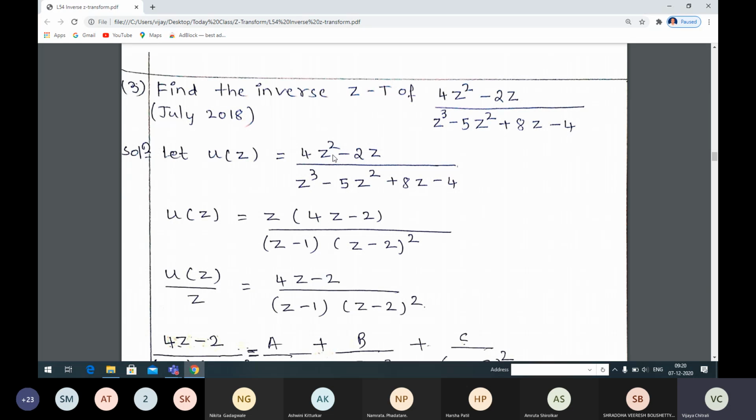So see the denominator here, 4z square minus 2z. We want the denominator z here. Now take z common here, because z square is there, z is there. We can take z common from these two terms. So inside will be 4z minus 2. Now transfer this z from RHS to LHS.